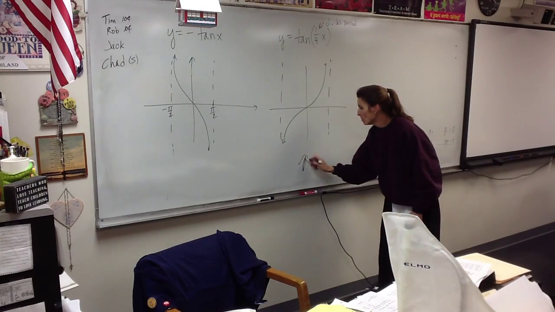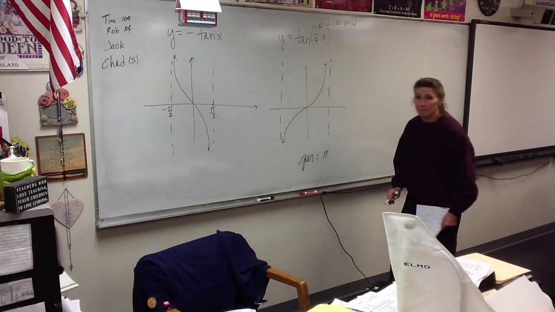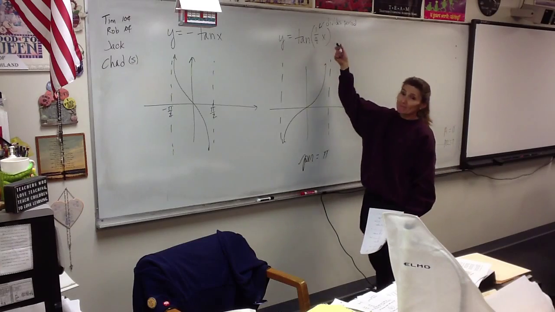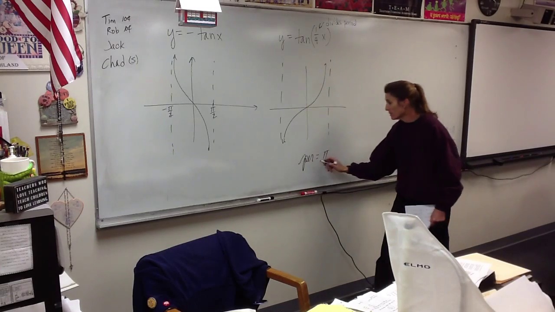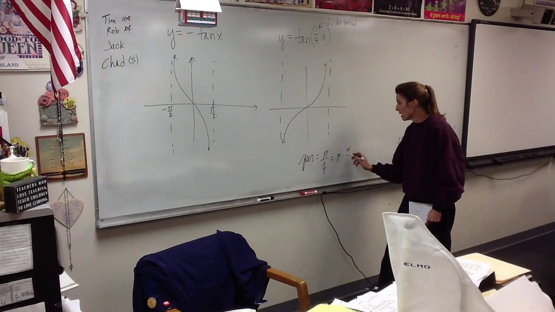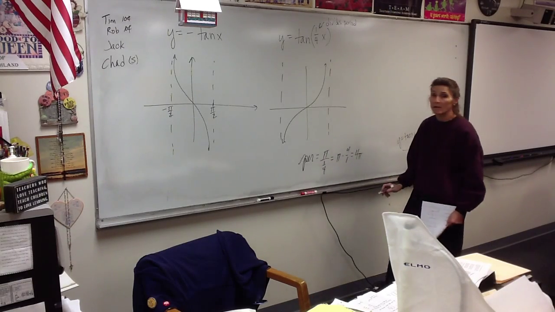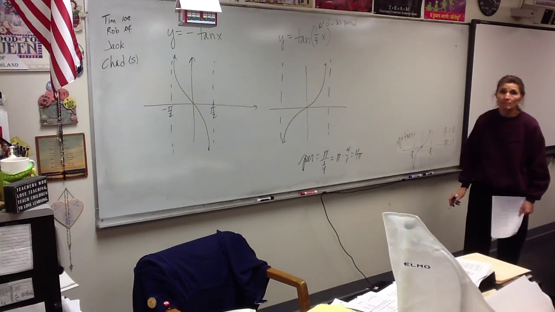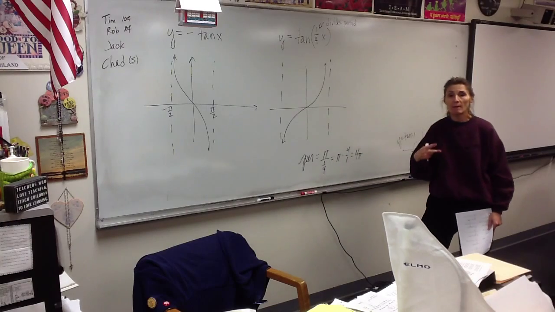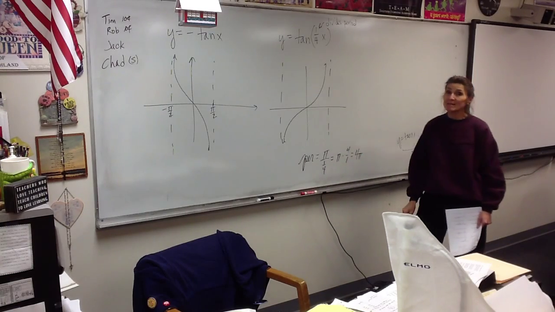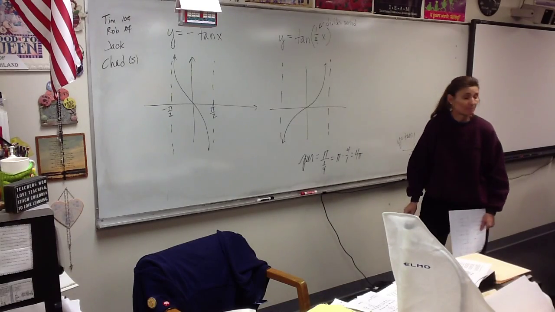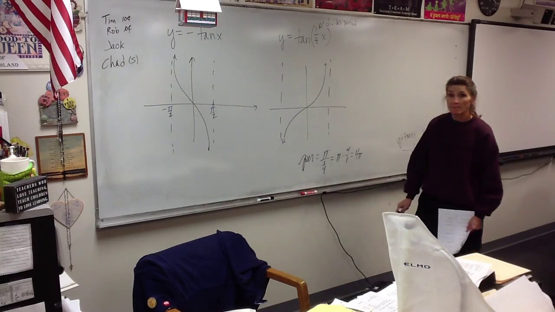But the normal period is pi. This number divides the period. So my period is pi divided by 1/4, which is pi times 4 over 1, or 4 pi. Remember, dividing by a fraction, you multiply by the reciprocal. So pi divided by 1/4 would be pi times 4 over 1, or 4 pi.